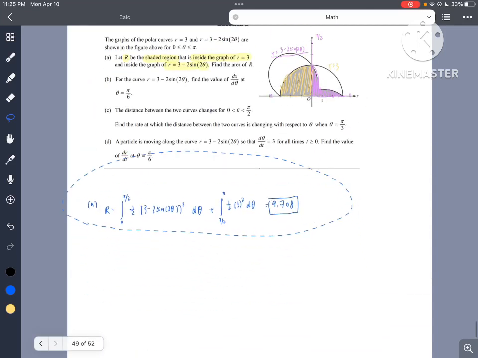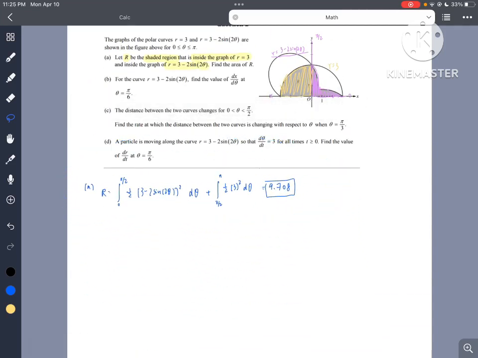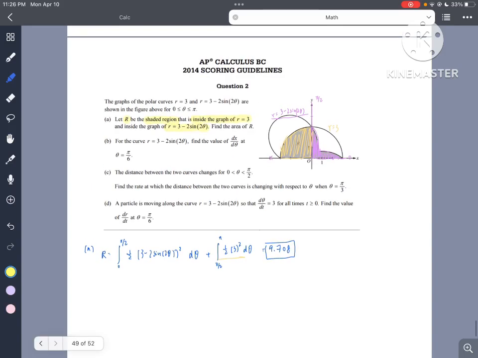So we just use this expression to find R, and we add up the first region and the second region, and then we find this final answer by using our graphing calculator.